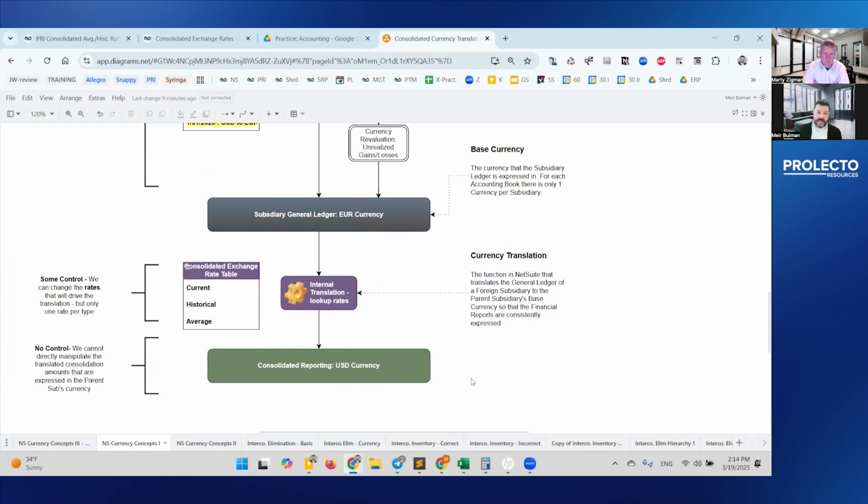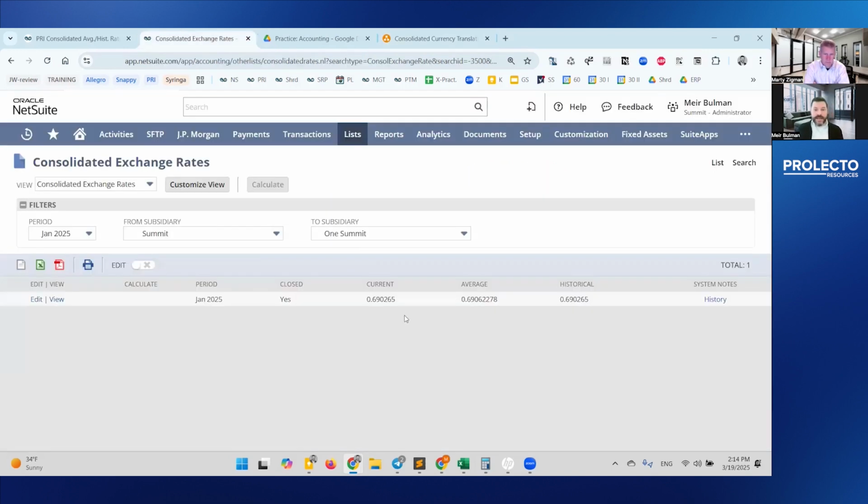It is simply the lens that it's looking through when it runs the report. So it's referencing these tables and multiplying the GL for whatever relevant accounts they are, right? So some accounts are going to be looking up this rate here. Some are using the average, some are using historical, and it's producing those numbers in the consolidated report based on the rates in this table.